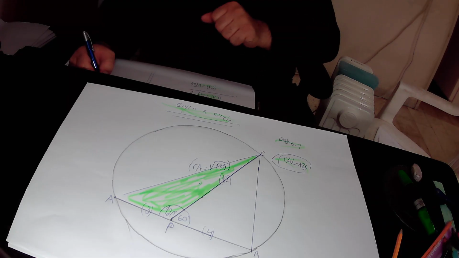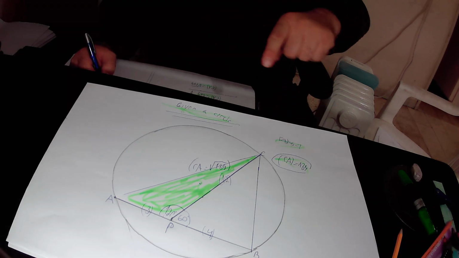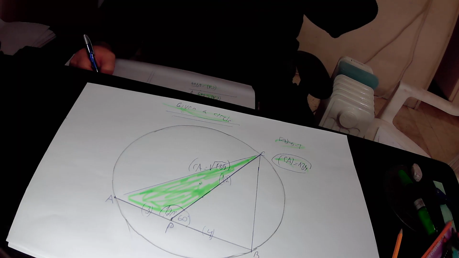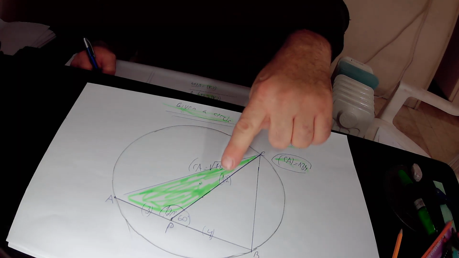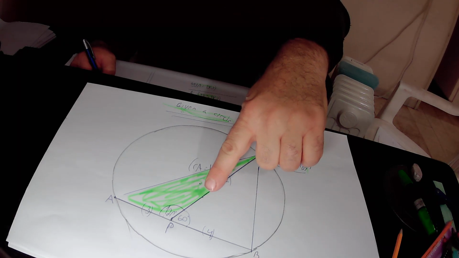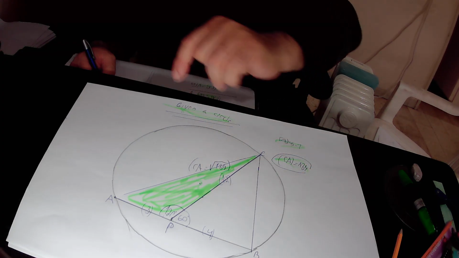According to the law of cosines in this one triangle CPB, first of all we choose angle theta, this angle PCB, that equals 60 degrees.